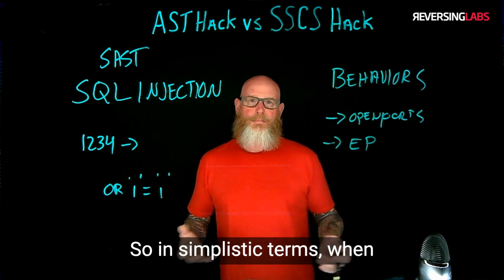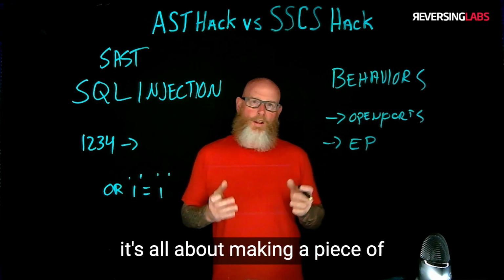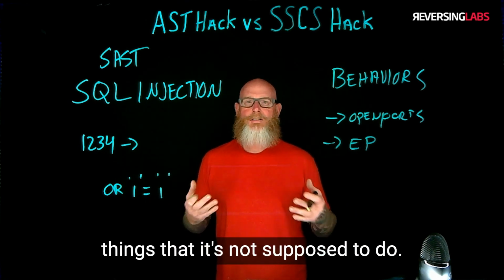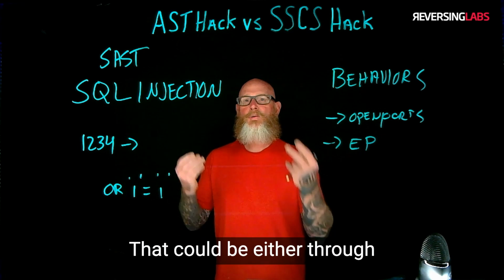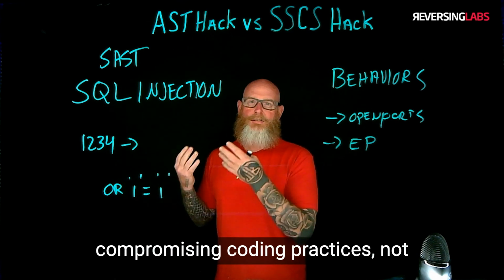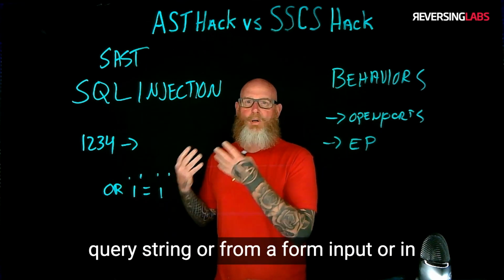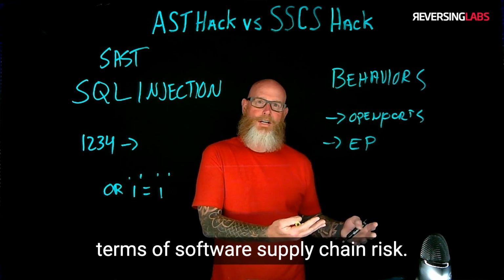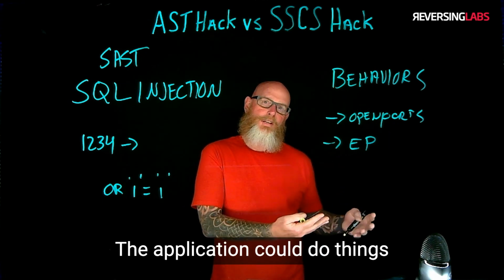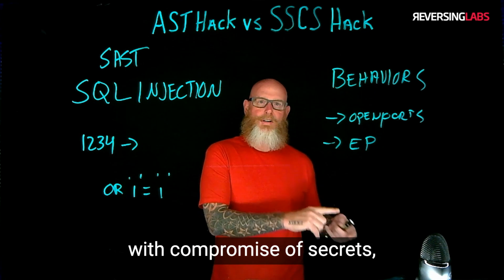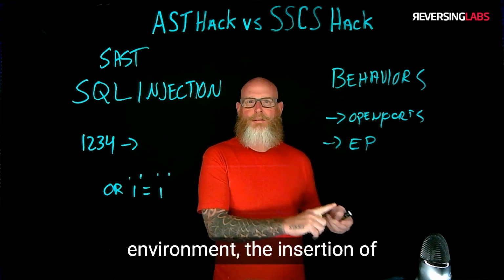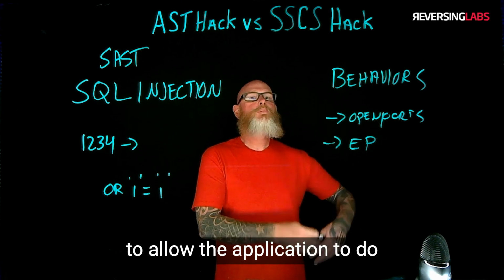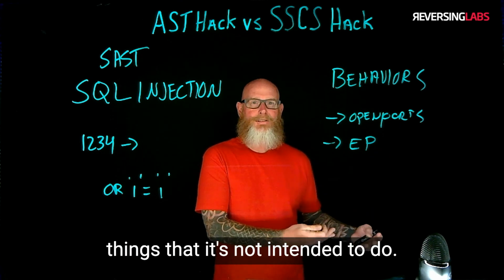So in simplistic terms, when you're thinking about hacks, it's all about making a piece of software or an application do things that it's not supposed to do. That could be either through compromising coding practices, not proper validation of inputs from a query string or from a form input, or in terms of software supply chain risk, the application could do things with compromise of secrets, of compromise of the build environment, the insertion of malware in these two areas to allow the application to do things that it's not intended to do.